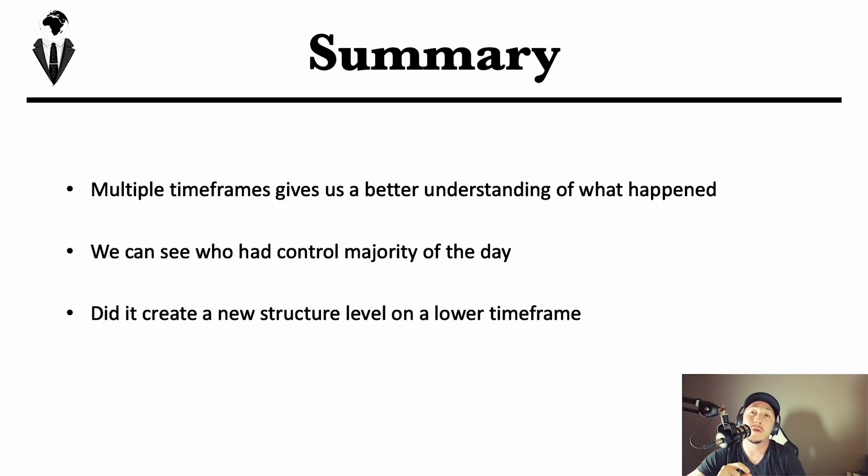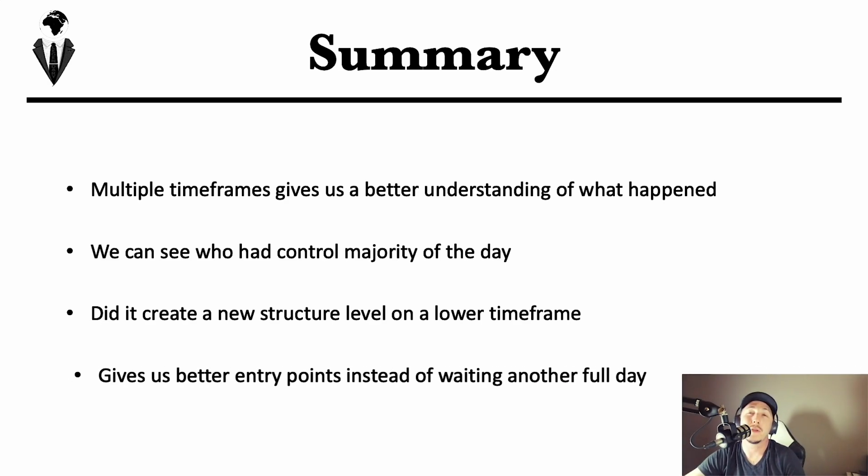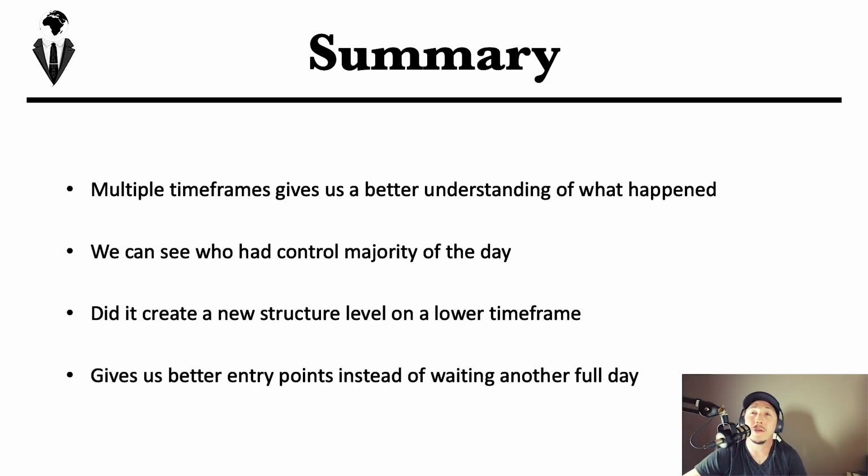So we were able to determine smaller zones that gave us that better entry, right? Instead of waiting that full day and getting in 75 pips farther away than where our actual entry was, we were able to get in earlier and maximize off this trade, right?